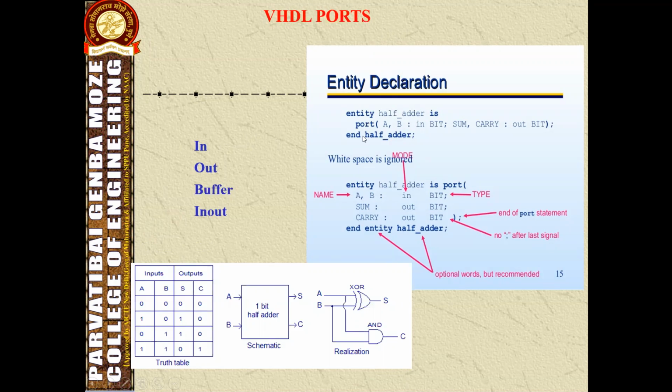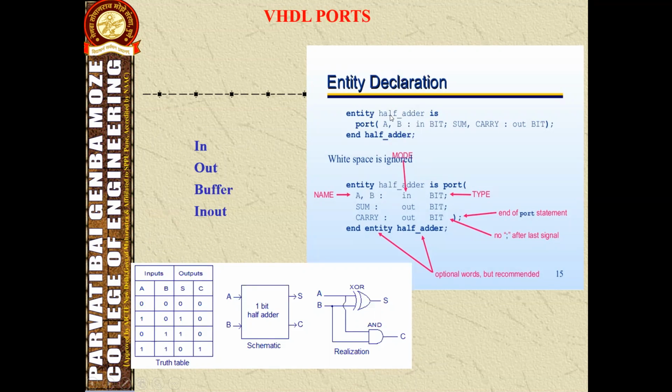The entity contains all the information about the input and output which is used in the application. The word entity should be used before beginning to construct the entity, and then the name should be given.